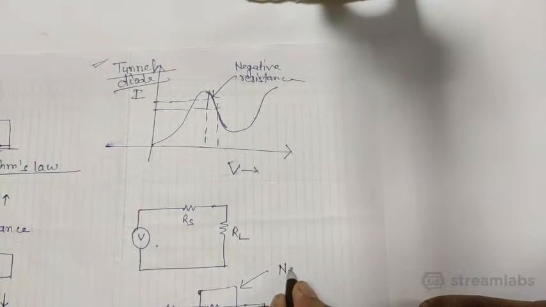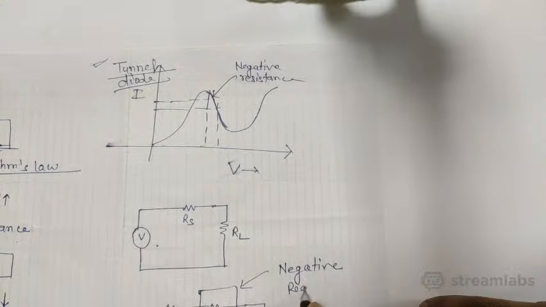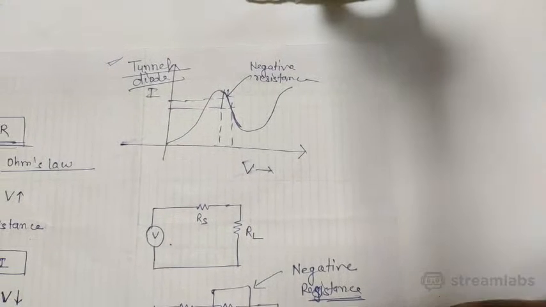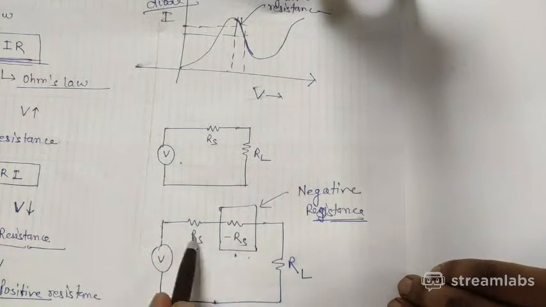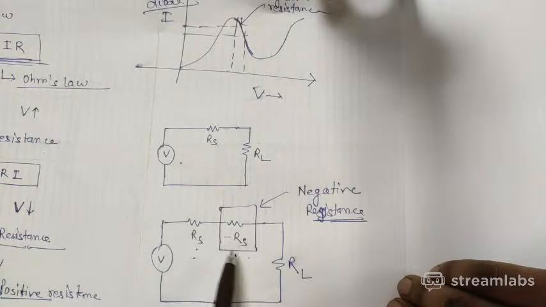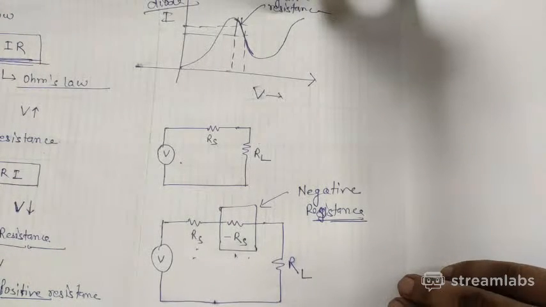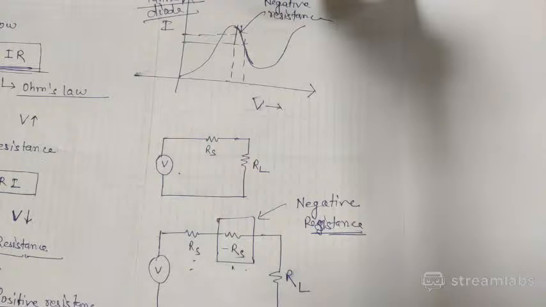So this negative resistance will make this source ideal. If somehow I could generate a negative resistance, then it can make my voltage source an ideal source. This was a source already there, and I have connected this negative resistance in series with it. This way, it can be helpful for making ideal voltage sources.